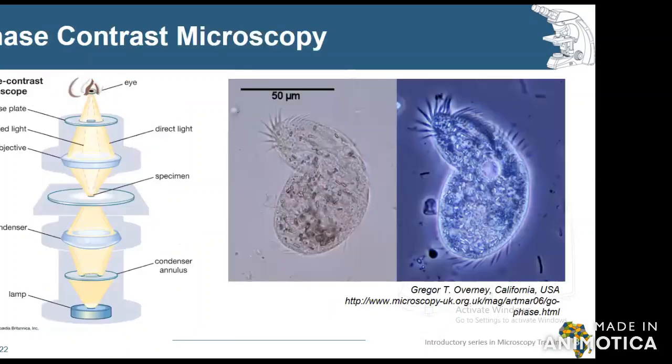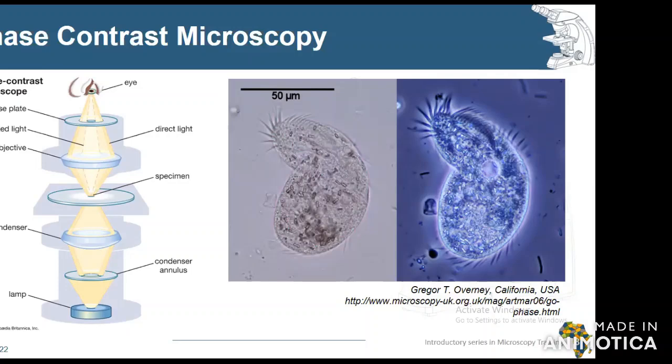Now, looking at the picture on the left side of the screen, it's the phase contrast microscope, which shows the position of the condenser annulus and also the position of the phase plates. The image on the right side is the image of a bright field specimen with its corresponding phase contrast image.